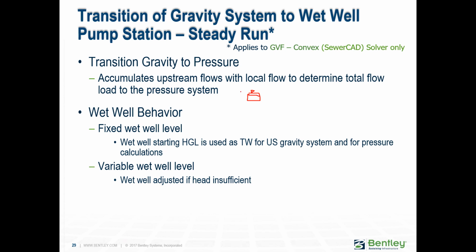And that accumulates the flows until you can pump them. And the wet well can be a fixed wet well level or a variable wet well level, depending on how you're running it.